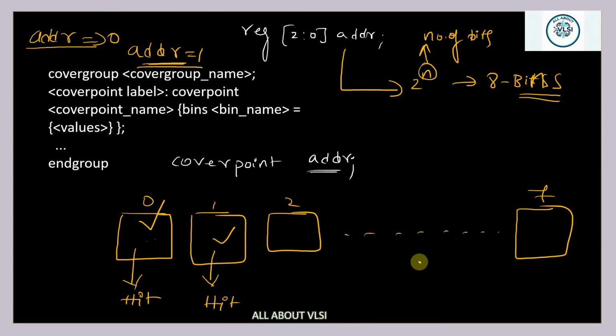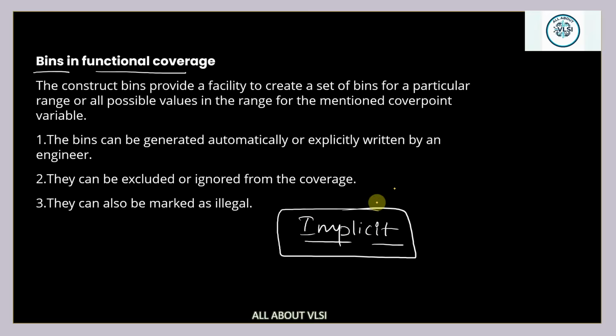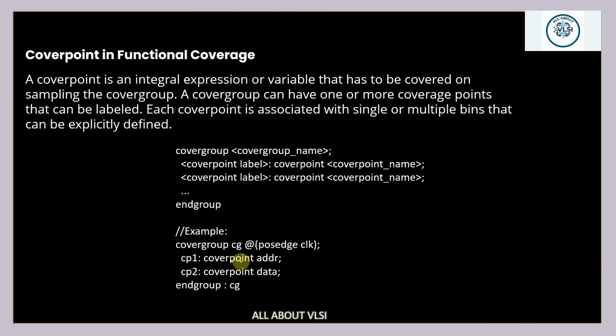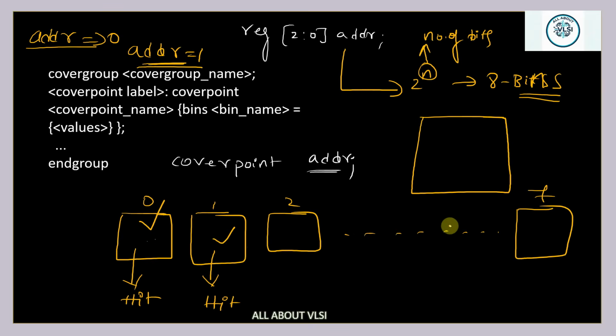Whenever you look into the coverage report, in that report you look at the cover points. In this cover point, you see the bins which are hit for this address and the bins which are missing. You will come to know that only the bin corresponding to 0 and the bin corresponding to 1 have been hit. The other bins, addresses 2, 3, 4, 5, 6, 7, are missing.